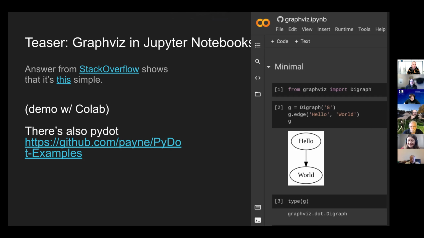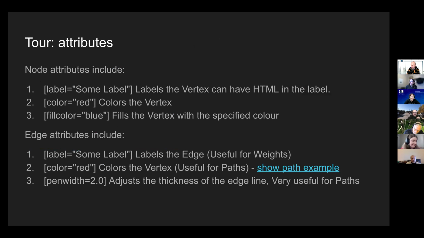And once we've done that, we can make a new digraph called G, and then add an edge that goes from the node hello to the node world. And that displays a graph for us, and so on. So it's possible to use Graphviz just by writing the code in the web browser or in a text file. It's also possible to use it from programming languages.